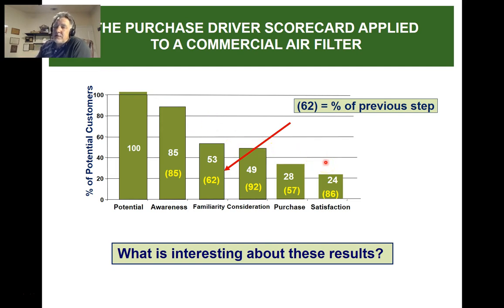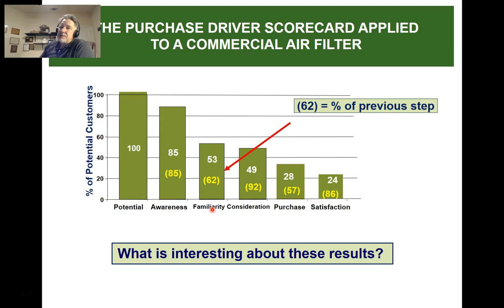What we also notice is that there's a certain percentage from the previous step. This is very key as you develop the Purchase Driver Scorecard. You're going to build that into your model. And then what you do see, and I think this is really significant, is you start finding where there are gaps. There's a big gap between awareness and familiarity.